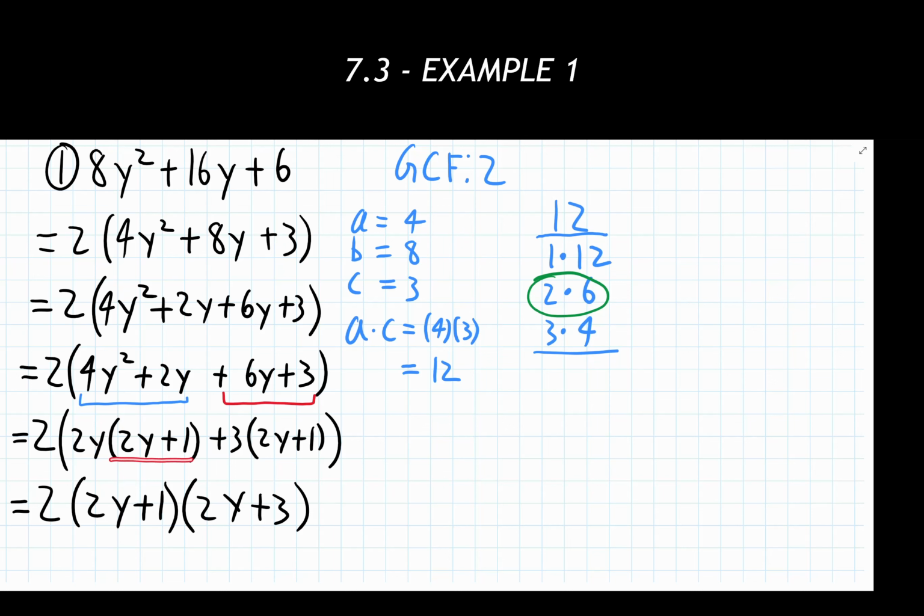The 2y plus 1 comes out front for both of these. And then what's left over? Just the 2y and the plus 3. And that's what follows down right into here. So we have our final fully factored answer of 2 times 2y plus 1 times 2y plus 3. And there we have our final answer.